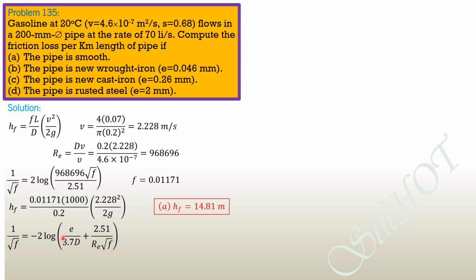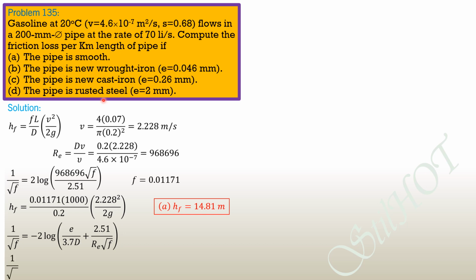So we always use this for problems involving pipes, if the roughness of the pipes is given, and from experience these roughness values are considered low compared to the diameter.